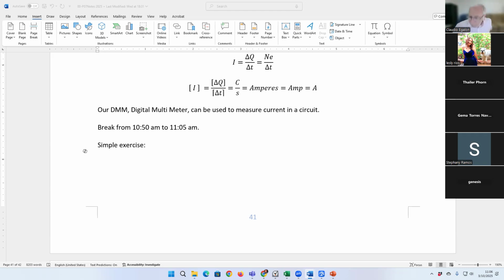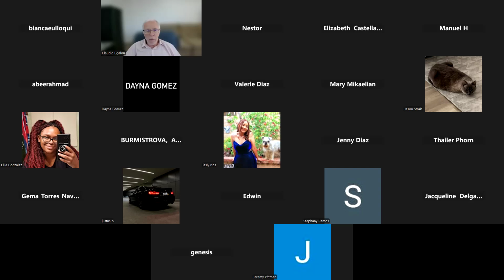Okay. I'm sharing my screen, right? I'm going to stop sharing my screen momentarily because I want you to see the battery that I have here. This is a AA battery, a rechargeable one. Let me do something else to my background too.